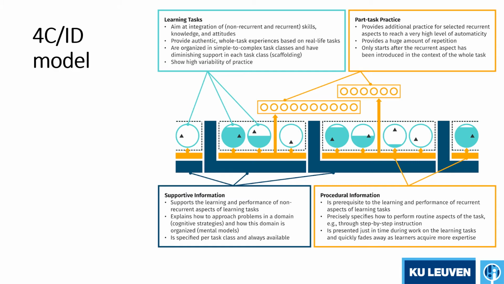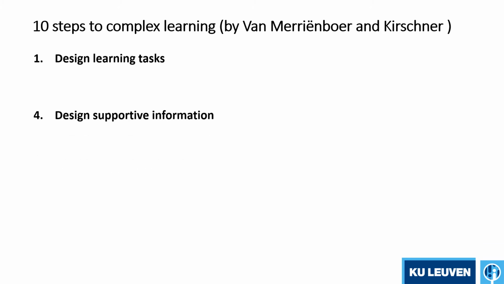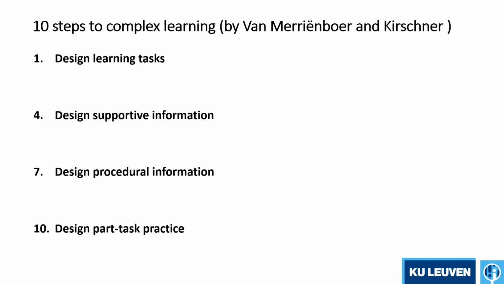Next to the 4 components, there are also 10 steps to complex learning. And those 10 steps are designing the learning tasks, designing the supportive information, designing the procedural information, and designing the part task practice.